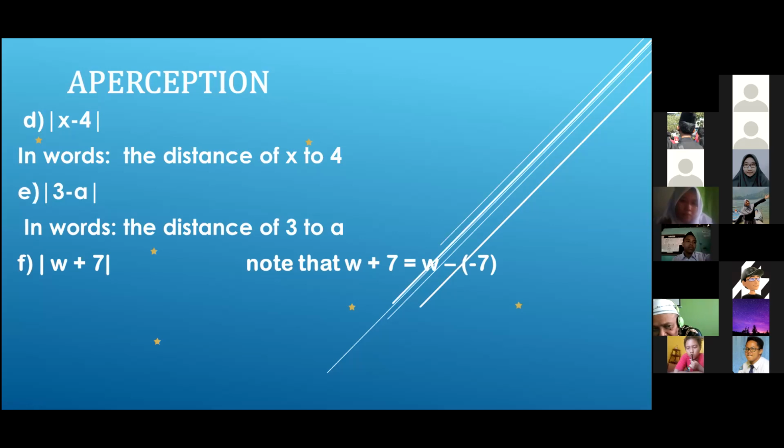What is the interpretation of the absolute value of w plus 7 by using the concept of distance? W to negative 7. Please speak loudly so that I can hear you. The distance of w to negative 7. Okay.